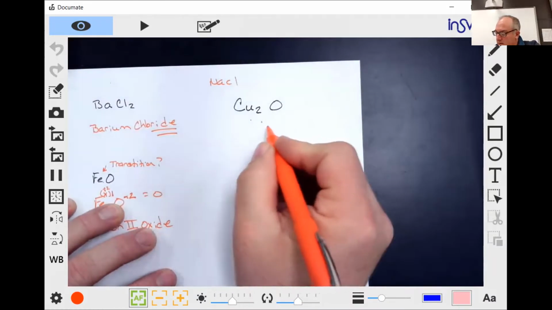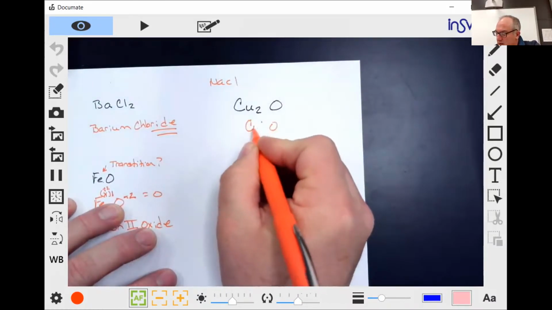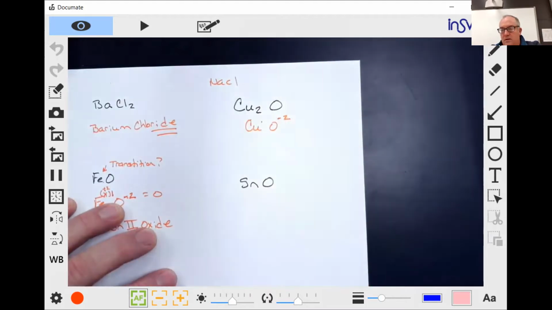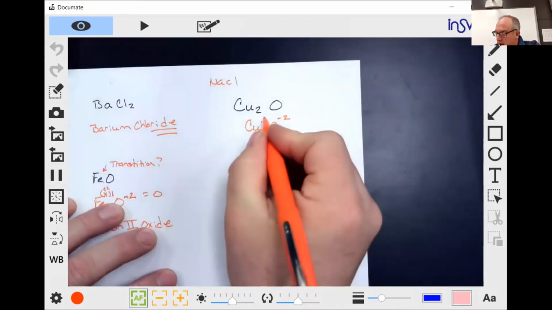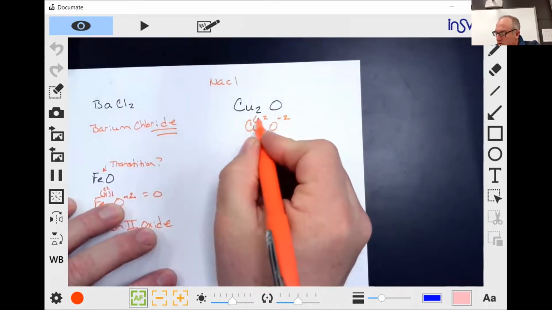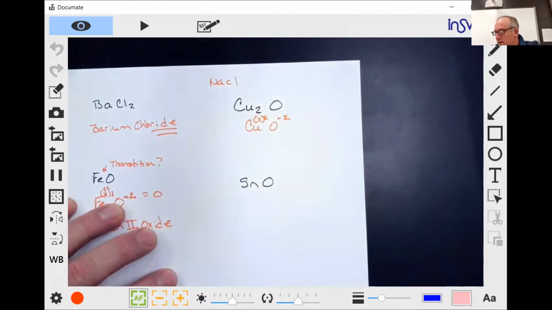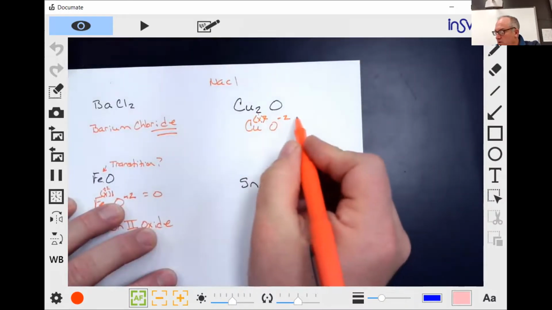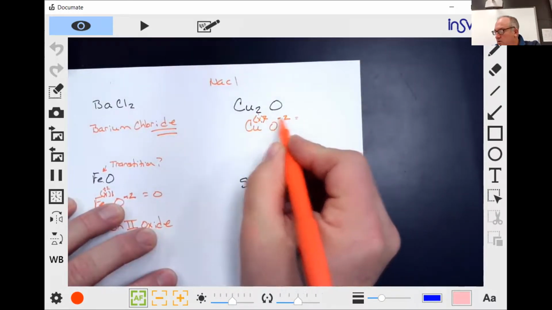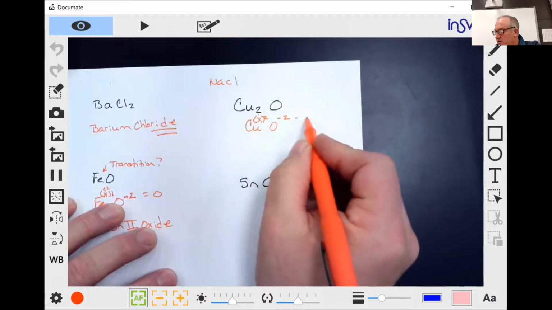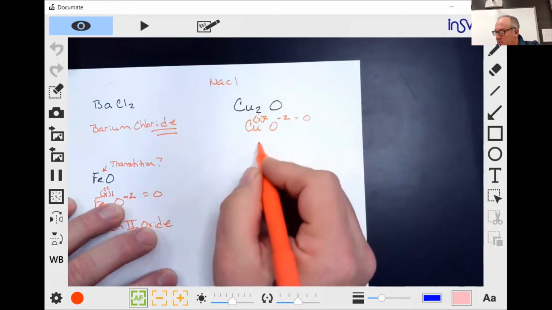Okay, copper and oxygen. Oxygen is always a -2. I have 2 coppers. So what times 2, when you add it to just algebra plus a -2 will equal 0? Well, X has to be 1.